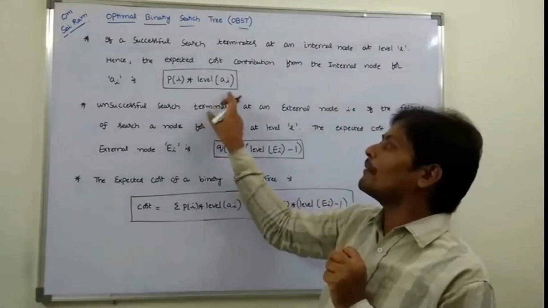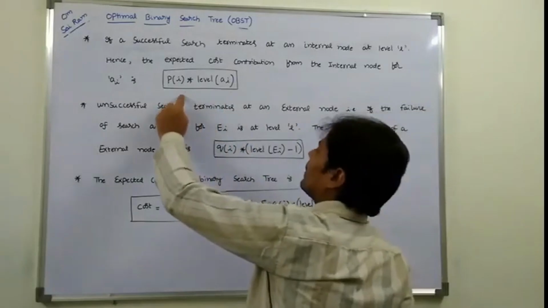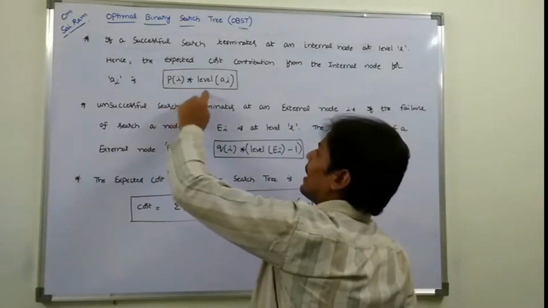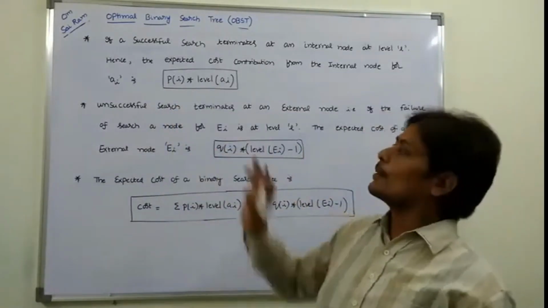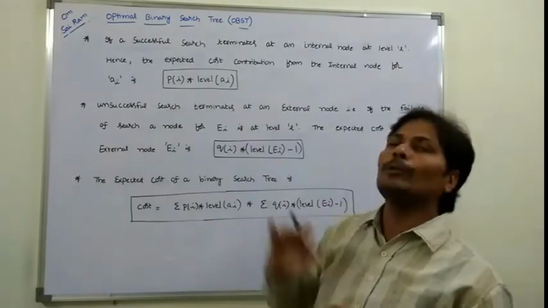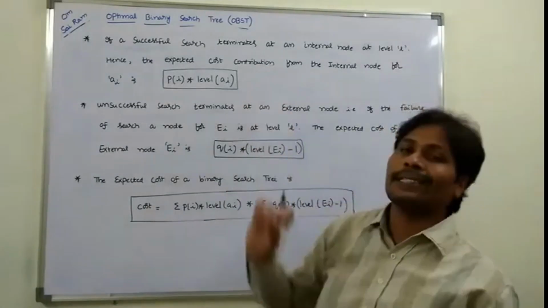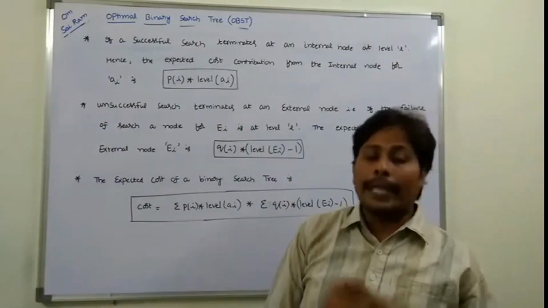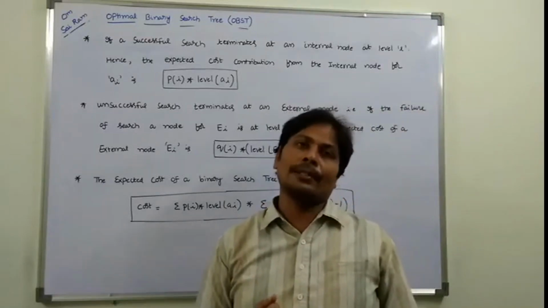That is level of A of I. So multiplying this probability with the level at which the identifier is there, P of I into level of A of I, this is the expected cost contribution for the internal node.